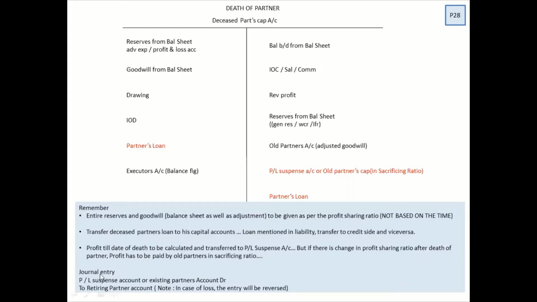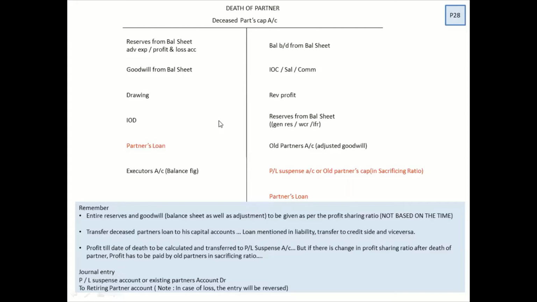So how do you pass the journal entries if you don't know the ledger? Now since the ledger is there in front of you, anything they ask, you can give an answer. Deceased partner's capital debit to drawings, or deceased partner's capital debit to IOD, or to partner's loan. So if this image is in your mind, you can draft any journal entries by yourself.